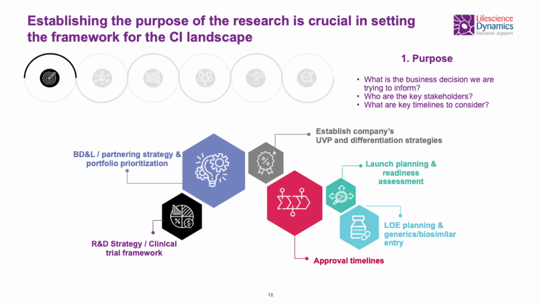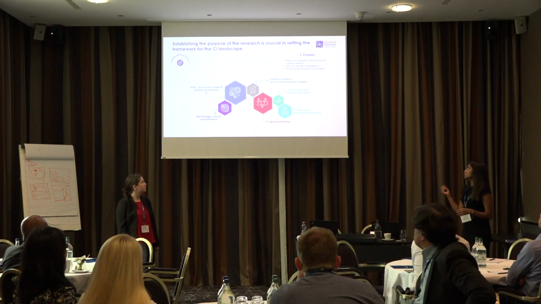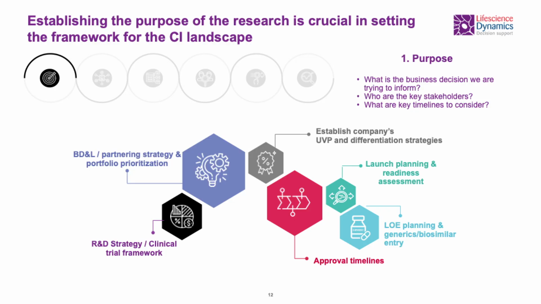So again, this walks into the whole messaging and positioning as the drug develops through the pipeline. Approval timelines, and again we'll be going into this in a lot more detail, but landscapes are so crucial in approval timelines as well, and we can leverage formatting and visualization as a particular way to call this out. But also launch planning and readiness assessment, as well as LOE planning and anticipating generics and biosimilar entries.